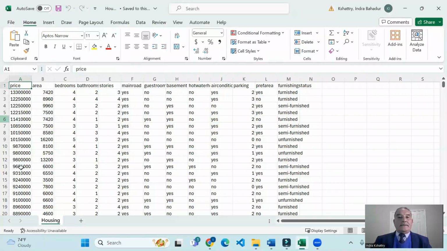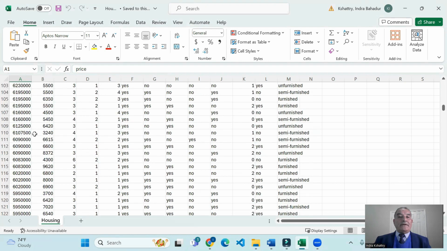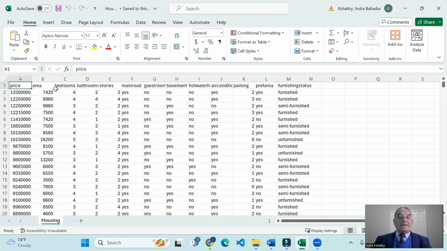In the previous video, we discussed using hypothetical data, but today we shall consider the housing data set, which is a real-time data set collected in a certain locality. This is a housing data set consisting of 545 records and 13 variables such as price, area, bedrooms, and so on.